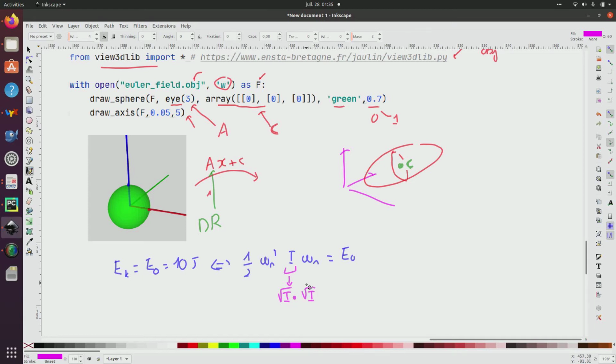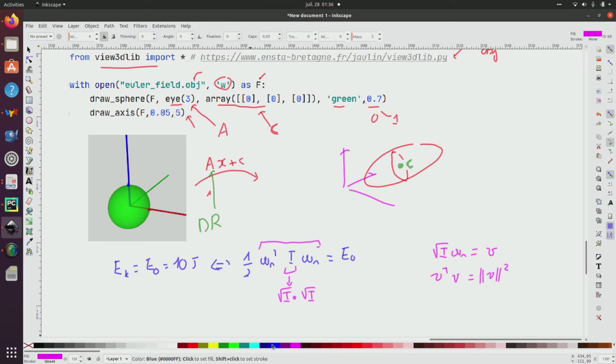And now recall that if I call this one v, for instance, then all this expression corresponds to v transpose multiplied by v, which is equal to the norm of v squared.